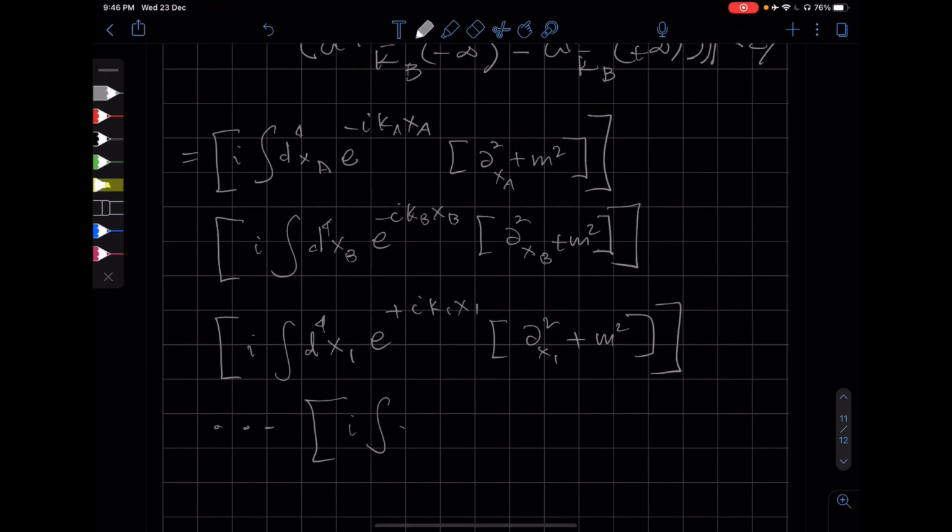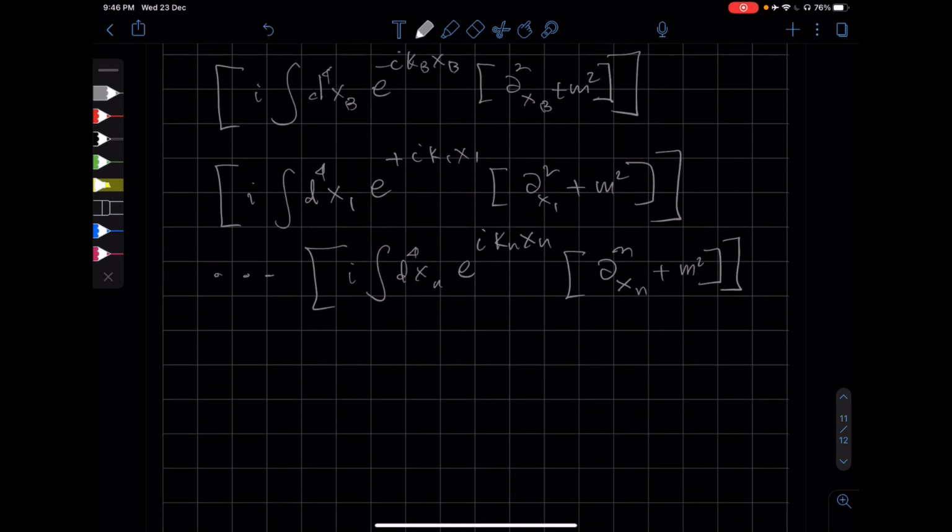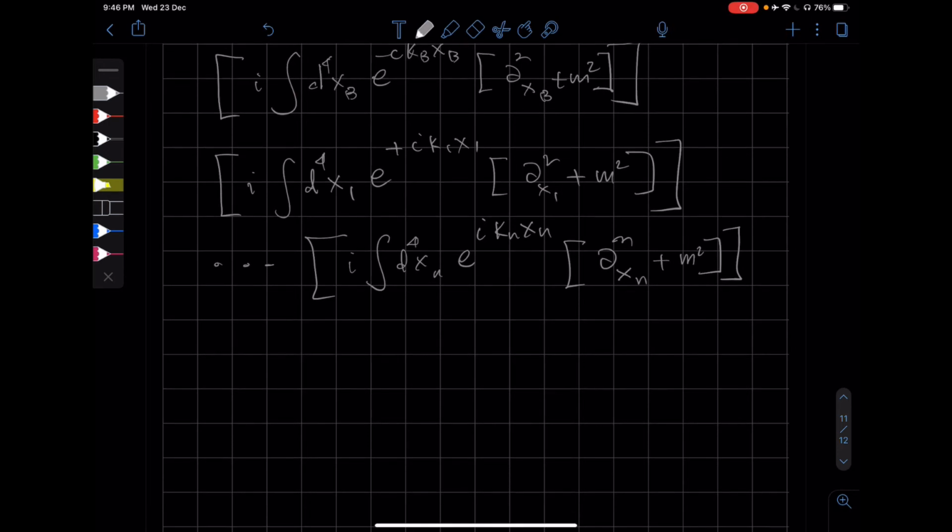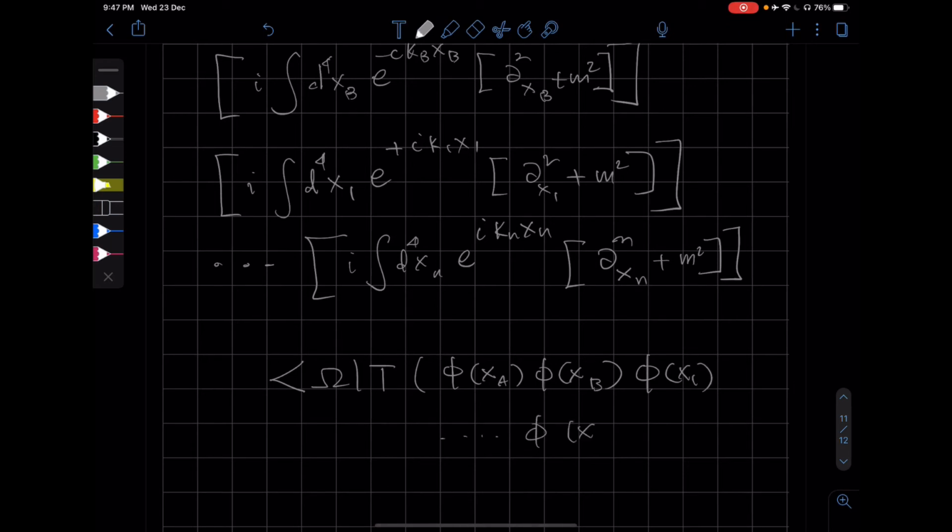We have I d4 of xn, e to the power I kn xn, del squared xn plus m squared, and the whole thing will be acting on omega, and then the time ordering of phi of xa, phi of xb, phi of x1, dot, dot, dot, phi of xn.